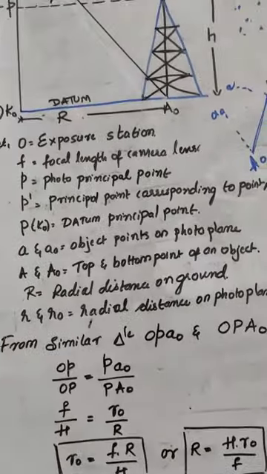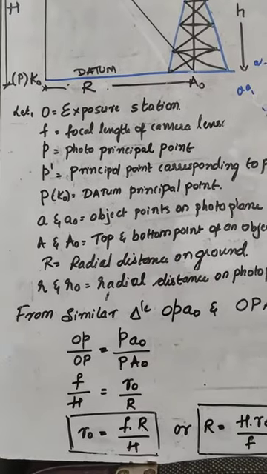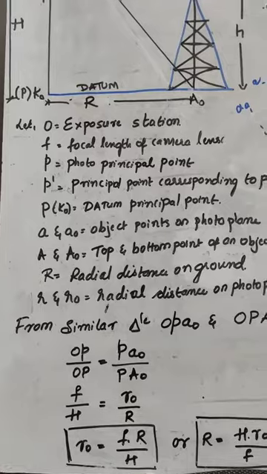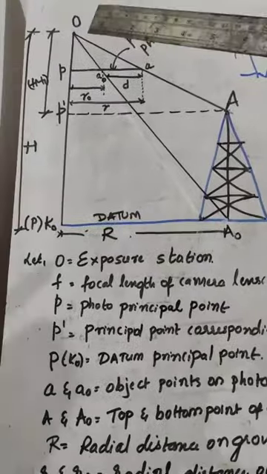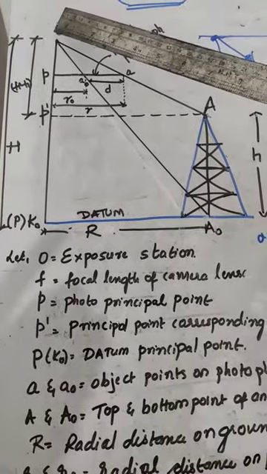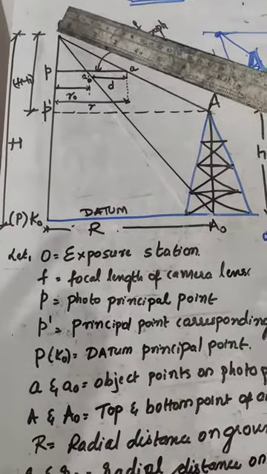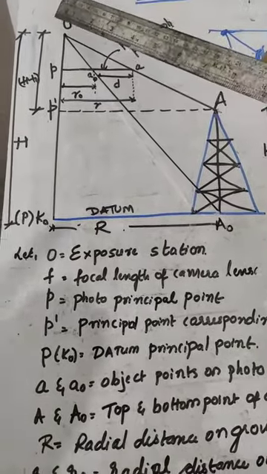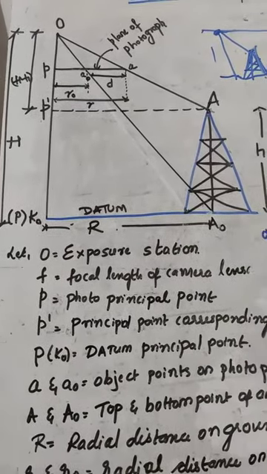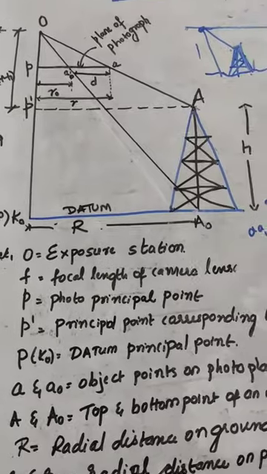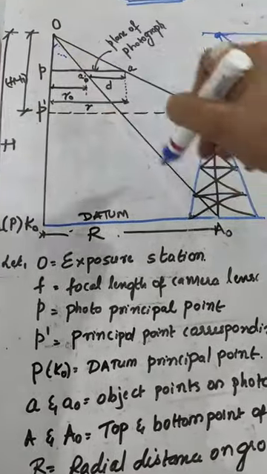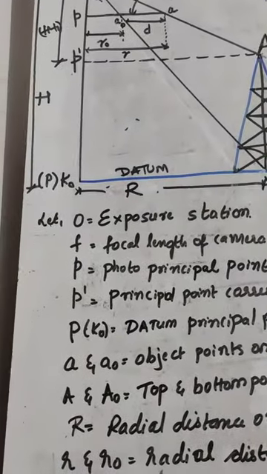So let us consider similar triangles in this. For example, here I will show you directly. First, initially consider the triangles O, P and A0, then O, P and capital A0. In these two triangles, we are taking this portion and the entire portion.